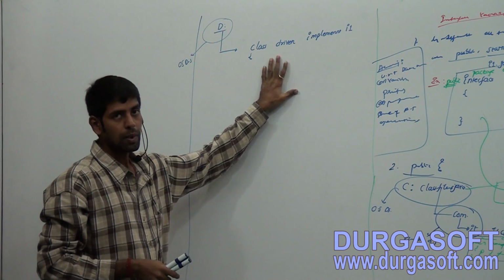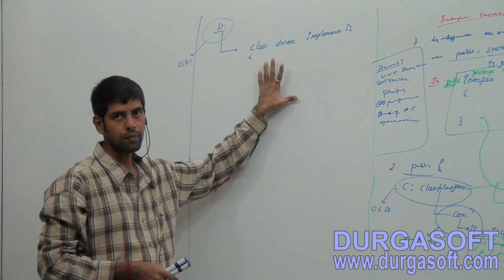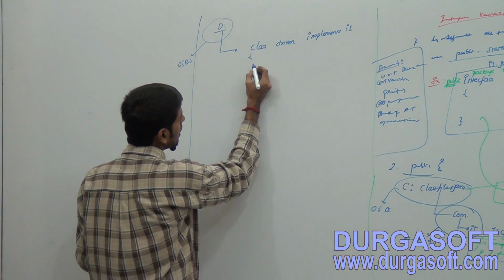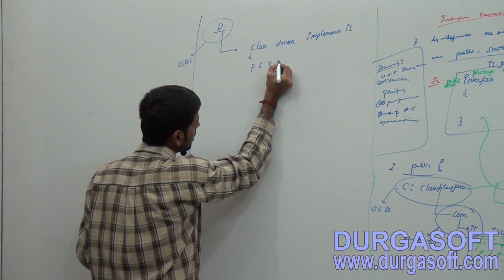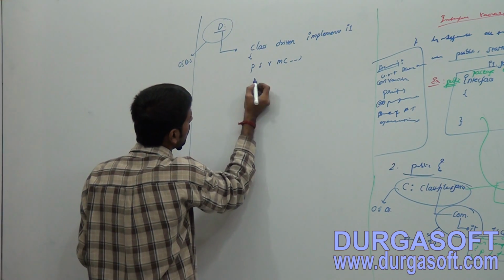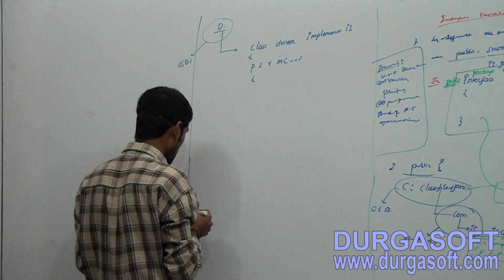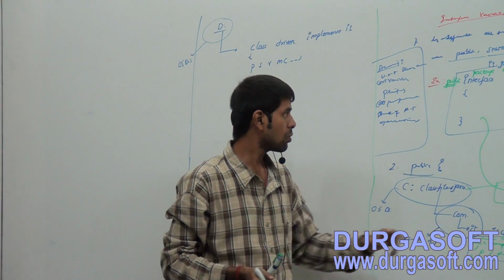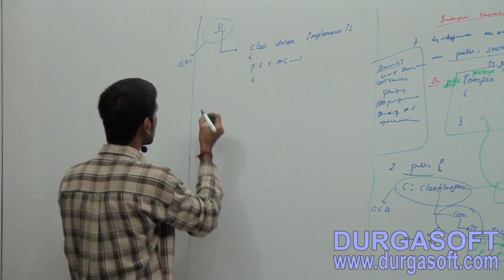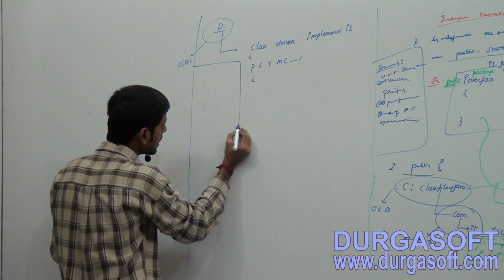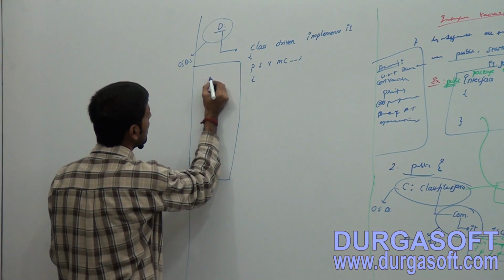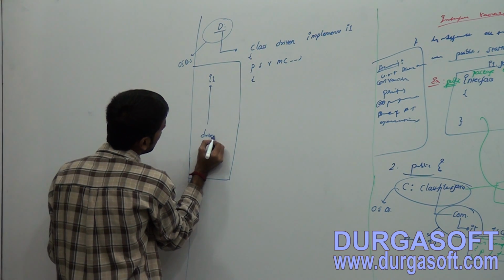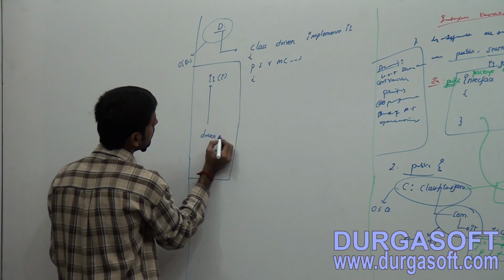This is our dependent code. Now public static void main. Our driven class is the implementation to the I1 interface.